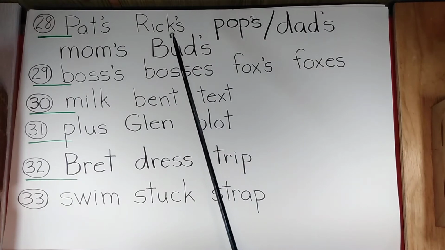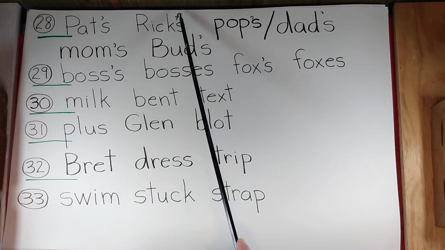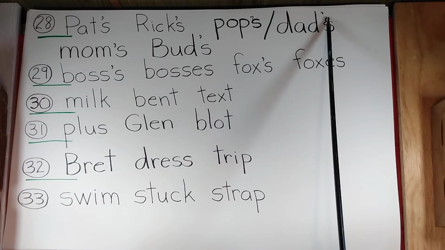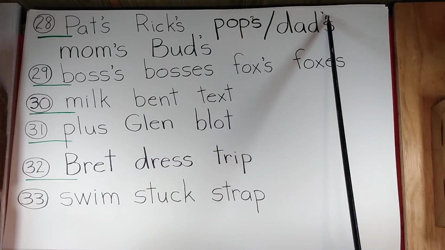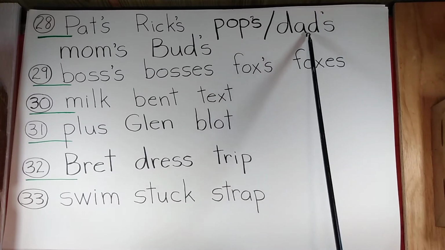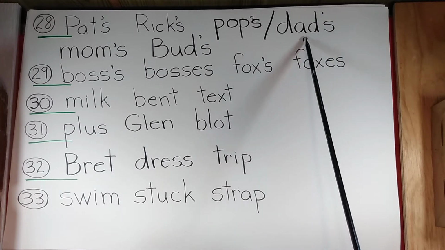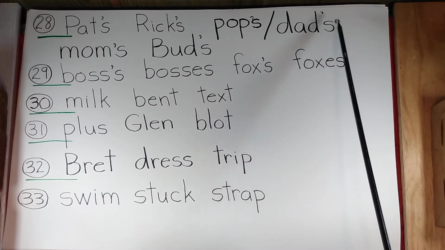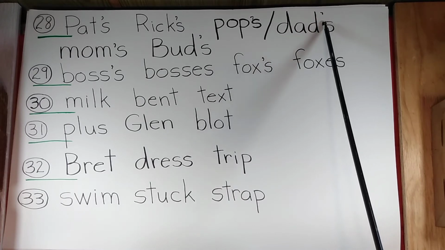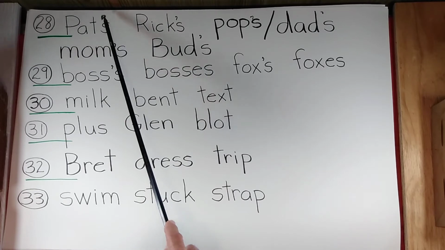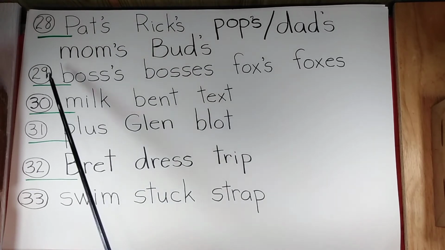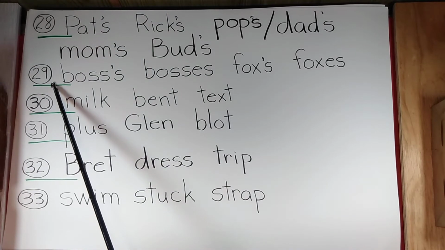And these all have apostrophes, and I just want to check and see if that throws the student off. Apostrophes, in this case, show ownership. So if some gloves belong to Dad, they're Dad's gloves with the apostrophe. If some shoes belong to Pat, Pat's shoes with the apostrophe. Okay? 29.